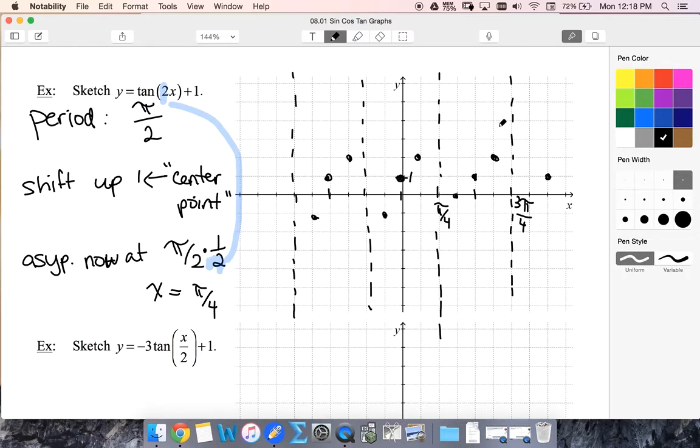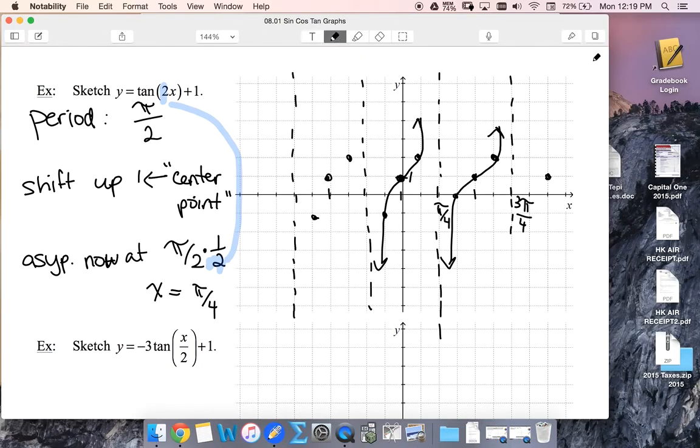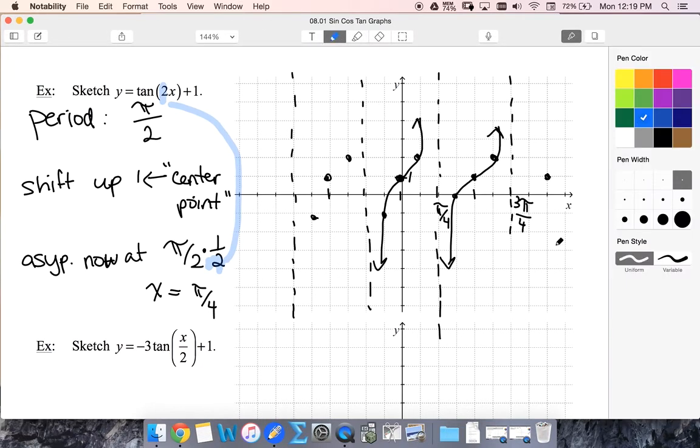If I want to test out how I'm doing, I can think about putting in one of these values to test it out. So let's think about that over here. I'm going to erase a little bit, and then I'm going to take that in and test it.